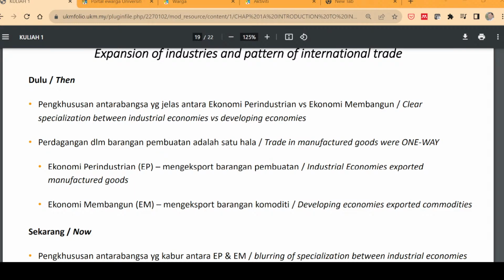Okay, I'm making this note for you to understand the classification of countries or economies. Now we have this.